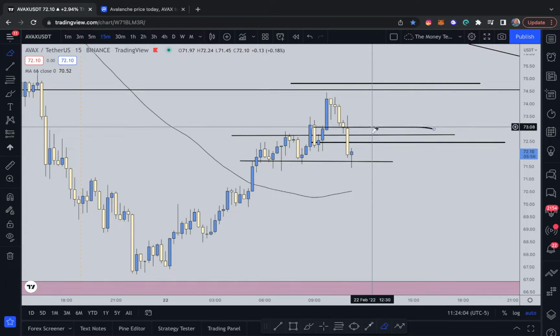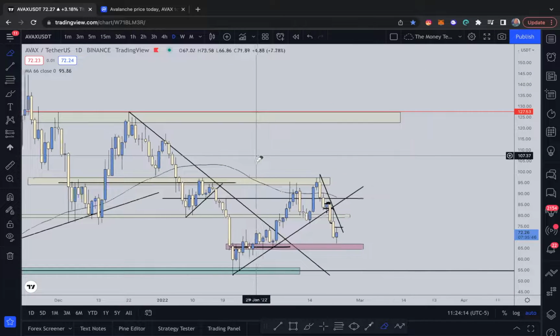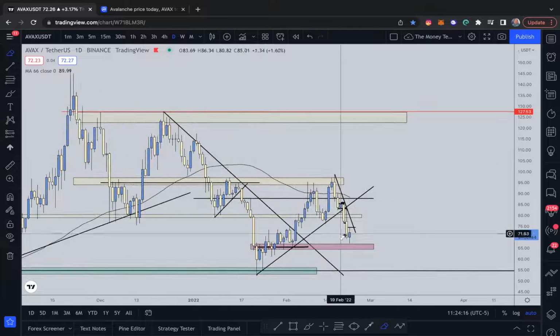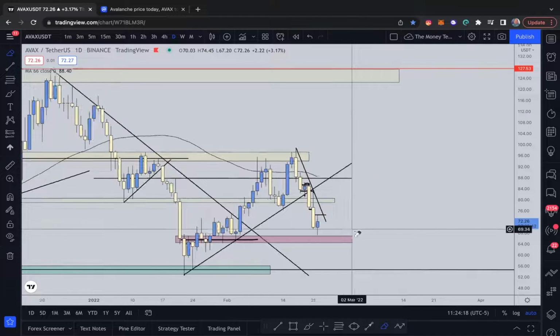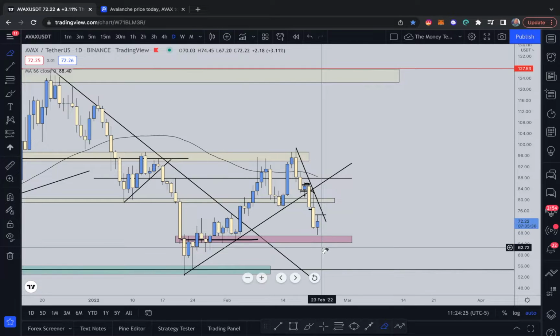Okay, so that's just an insight on what Avalanche is doing. Let me summarize everything I basically said. So the summary is that yesterday's candle closed very bearishly, right? So I'm expecting by 7 o'clock for this candle to have another bearish close.